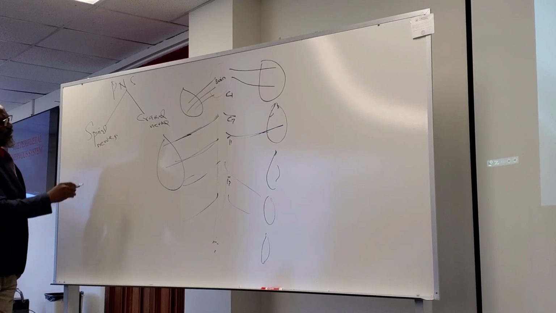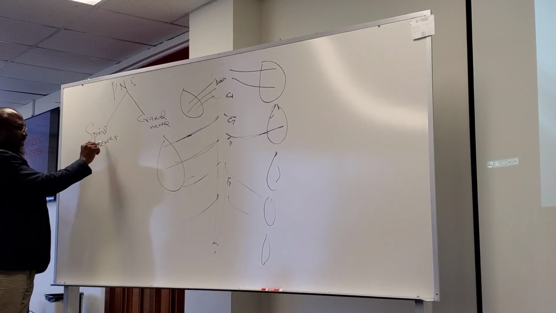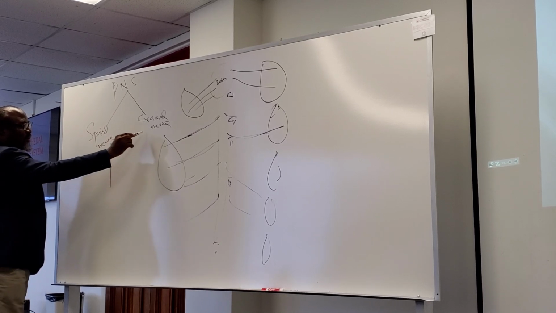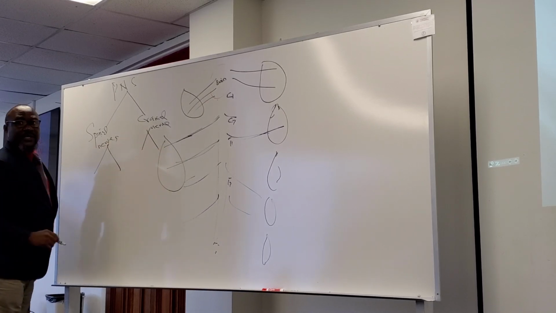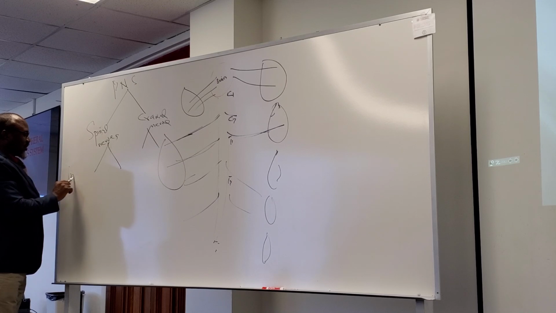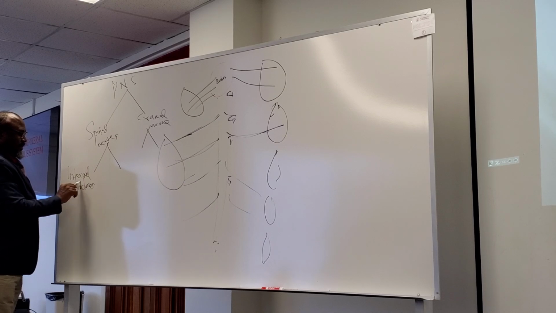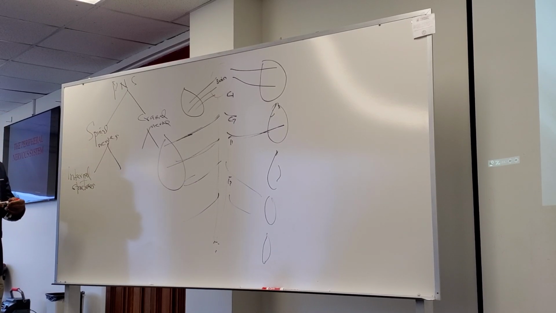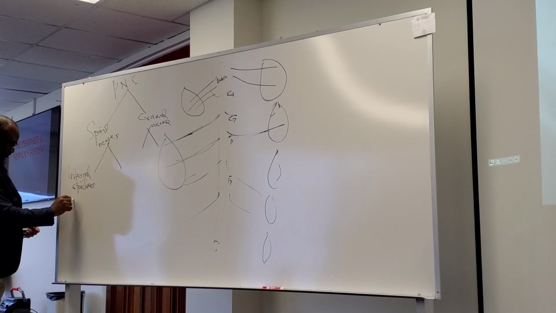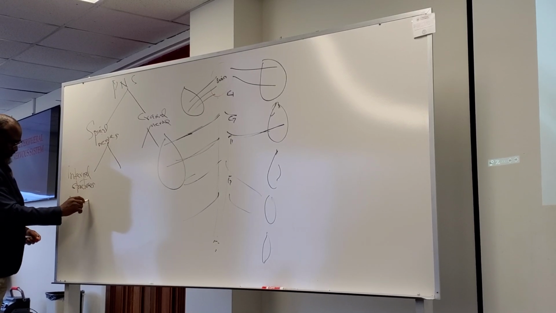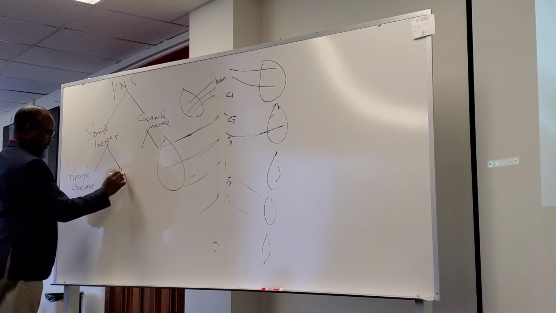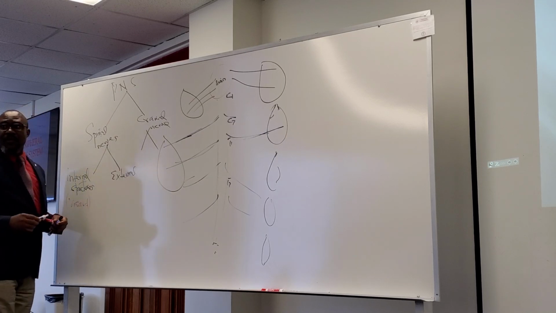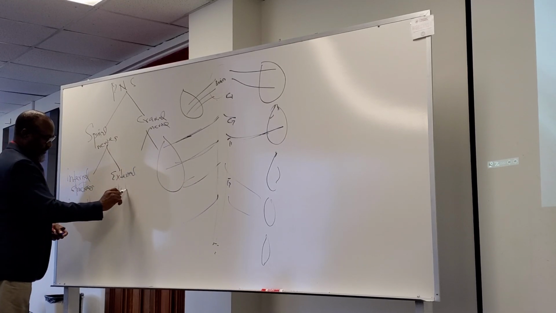And then whether cranial or spinal, each of these can supply internal structures, which of course we refer to as what? Visceral. They may also supply external structures, which we commonly refer to as skeletal muscle.